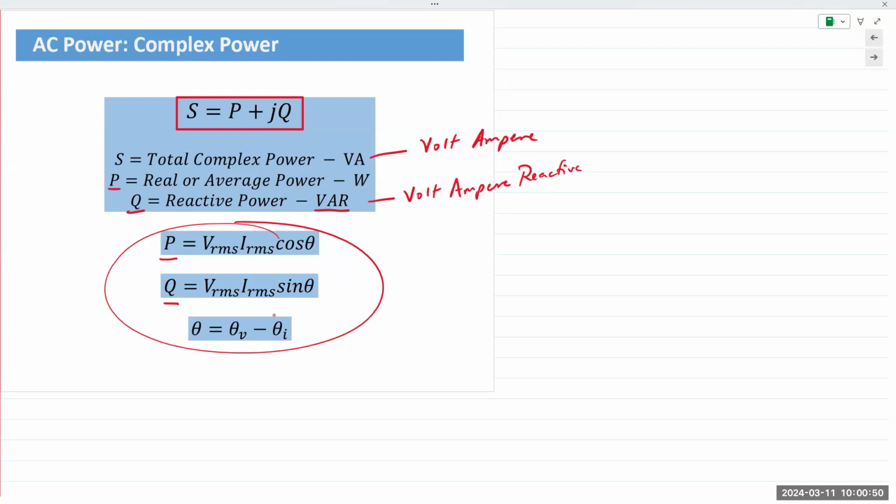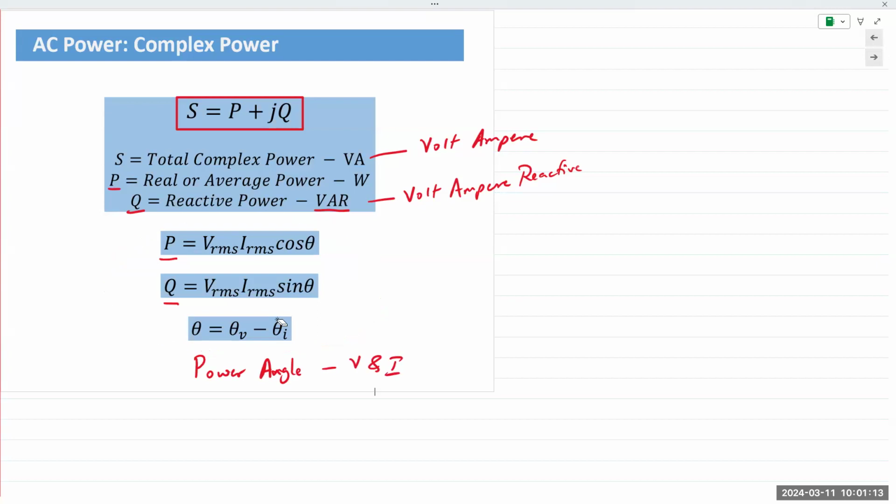And theta is the power angle. It is the difference in phase between the voltage and the current. So it's theta V minus theta I. Okay, that is the power angle.